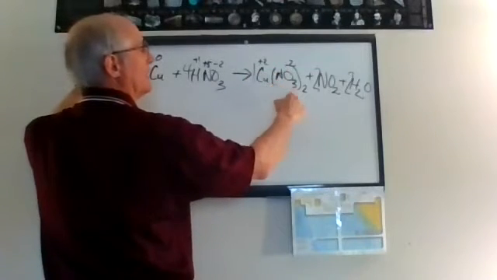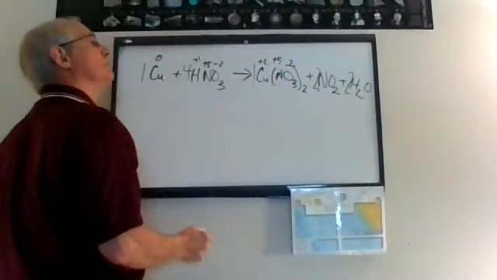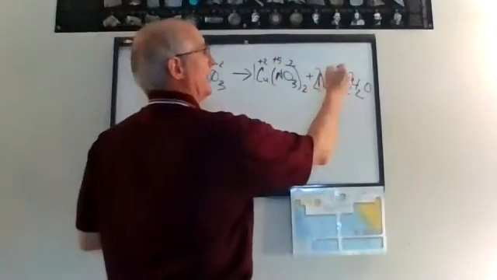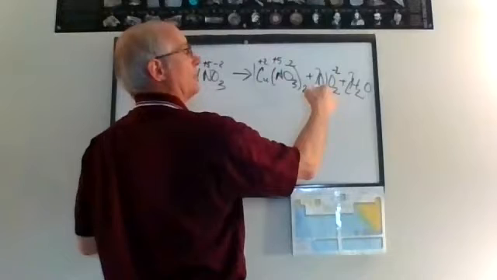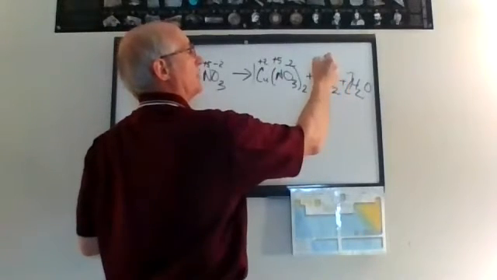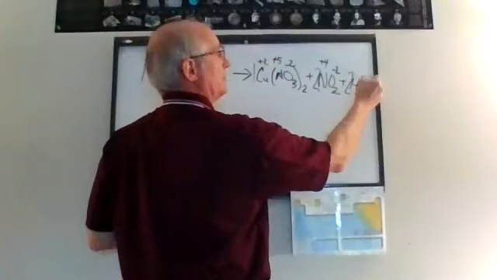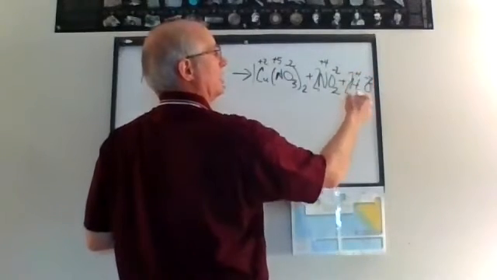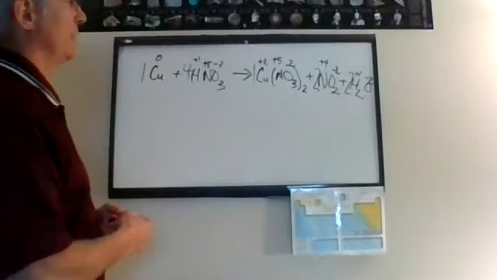And -10, you got 2 nitrogens at +5 apiece. Okay, then over here we got -2 for the oxygen, so that's -4. And therefore the nitrogen must be +4. And this oxygen is -2. This is +1. And so -2, +2, they balance each other out.